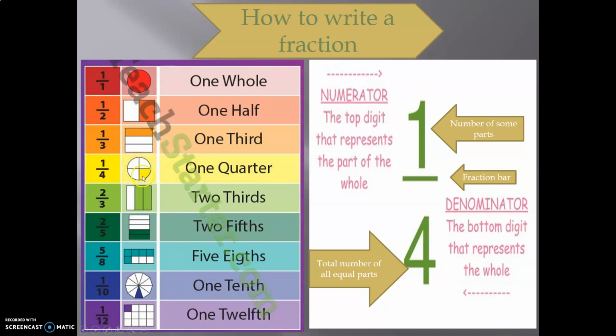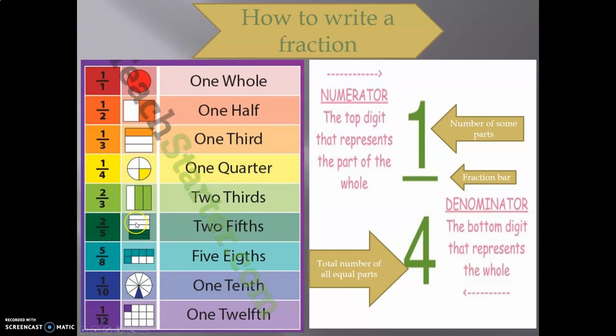And this yellow part is called 1/4, or 1 out of 4. Let's go next. Here my square, I cut it into 3 equal parts. But now I'm coloring 2 parts out of the whole 3 parts. So it is 2 out of 3, or 2/3.